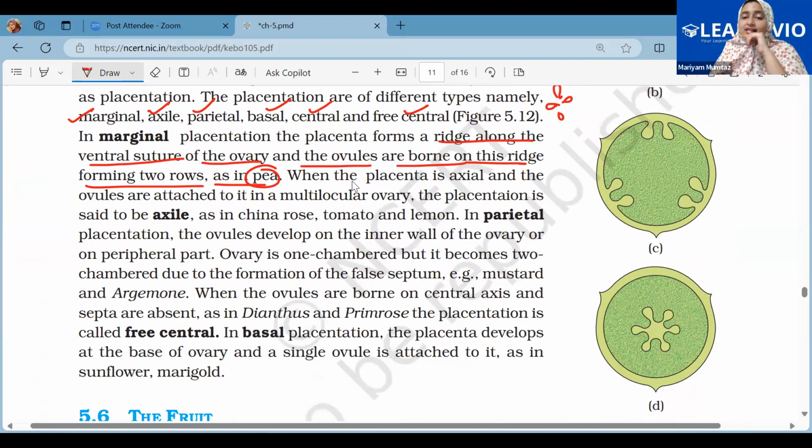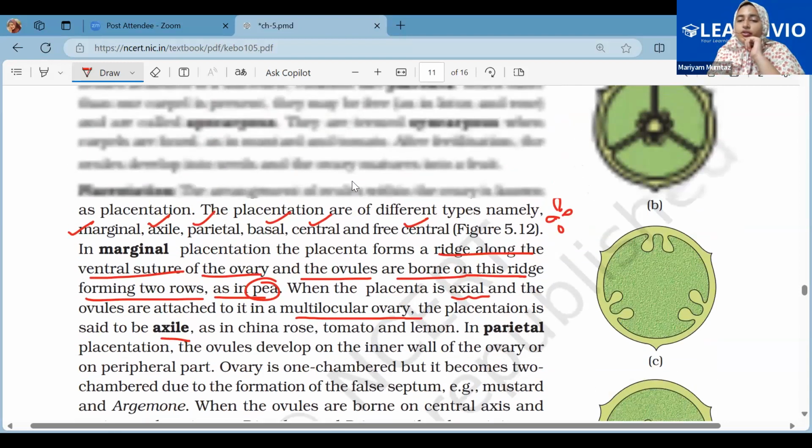Now, when the placenta is axile, the ovules are attached to it in a multilocular ovary. Locules are certain compartments present inside the fruit. When many locules are present, we say multilocular.